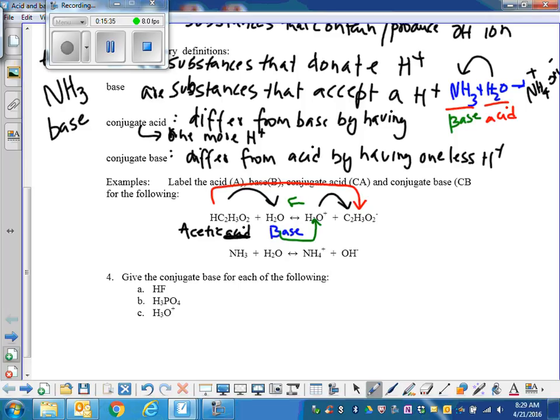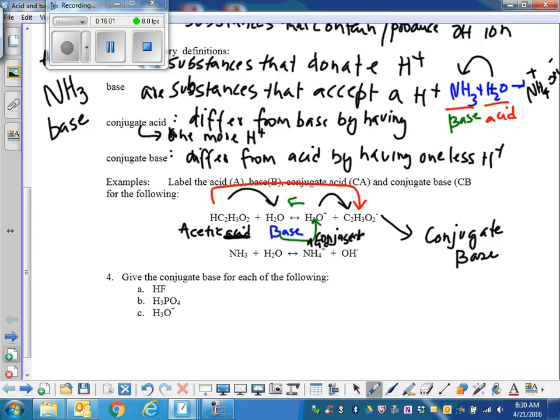Yes or no? Therefore, this is now called the conjugate acid. What is this? This is the conjugate acid. And what is that called? The conjugate base. Yes or no? By definition, the one that accepts is the base, the one that gives is the acid.